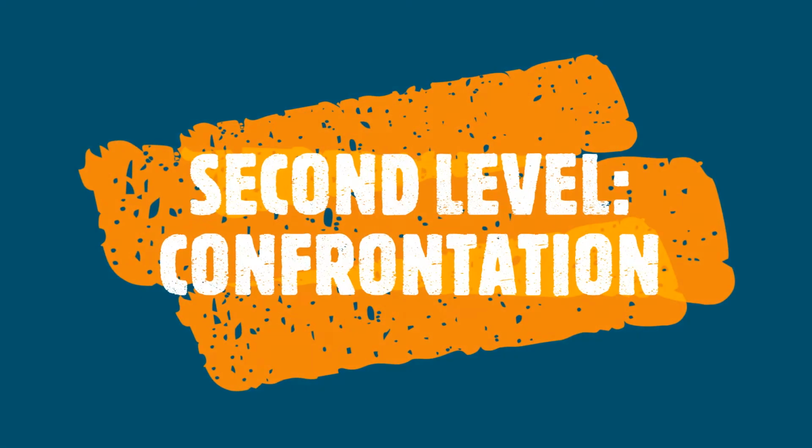Now, we will move to the second level, which is confrontation. On 12 February, the intruder movement was detected by the Malaysian government. After that, the Malaysian government decided to negotiate with the intruders. During the negotiation, the intruders claimed that their arrival in Lahad Datu was to claim Sabah as a part of Sulu.